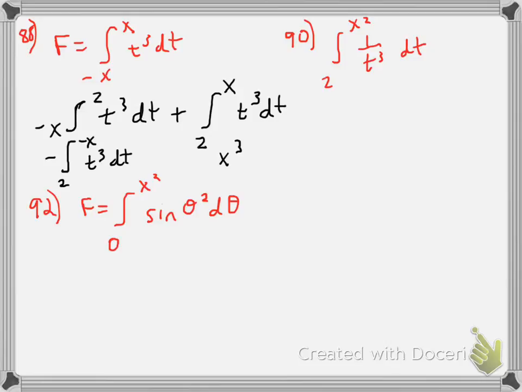So when I plug in, I know I have my x cubed. When I plug in here, I'm going to plug in negative x for t. So that's negative t to the third. But since this has a derivative of negative 1, I got to put a negative 1 with it, which makes this positive.